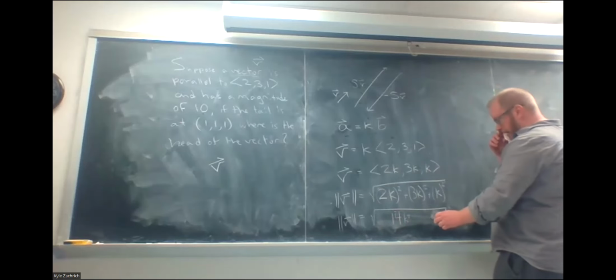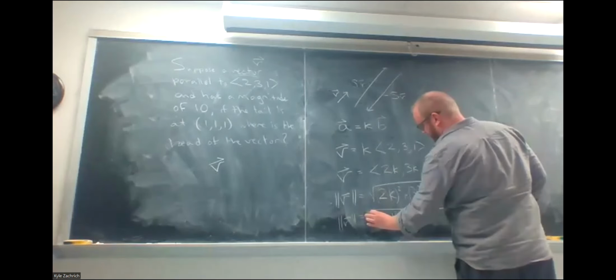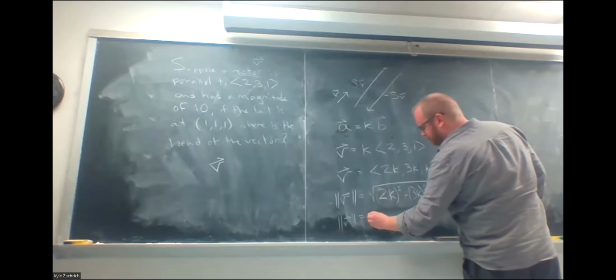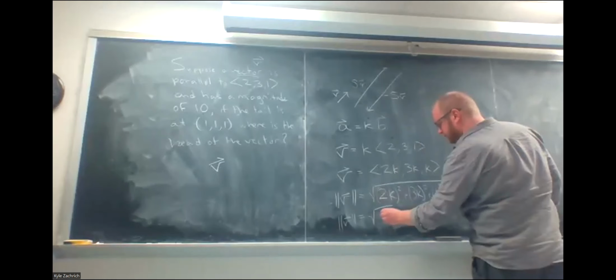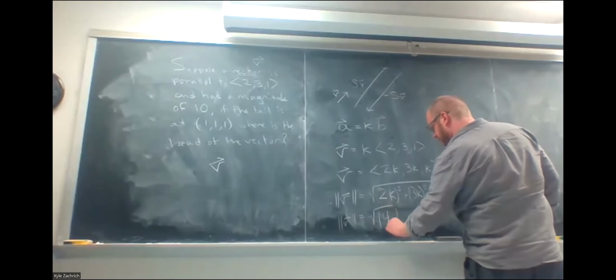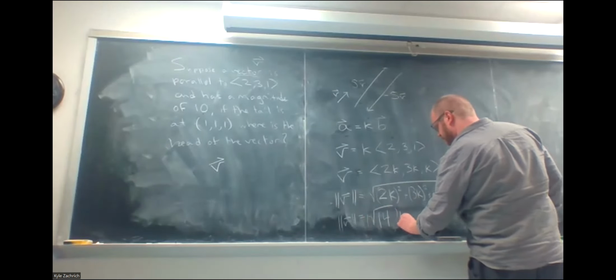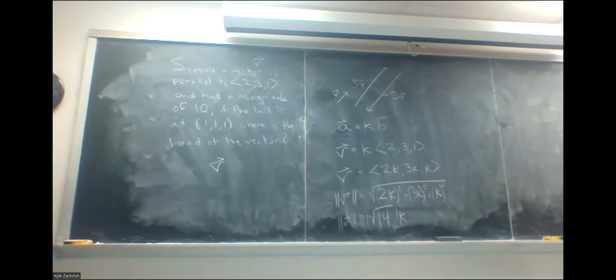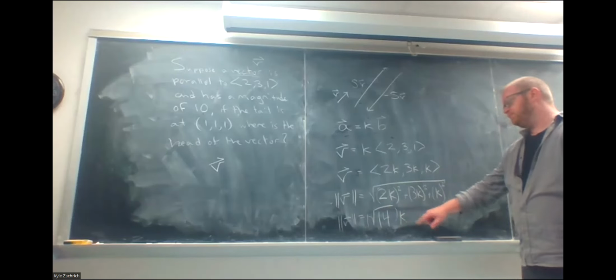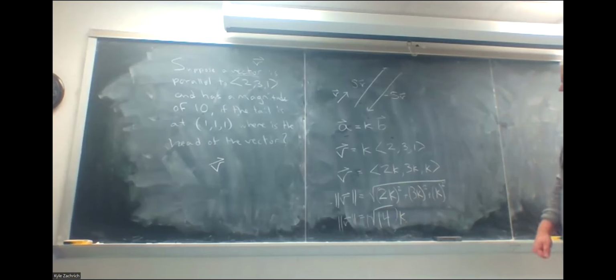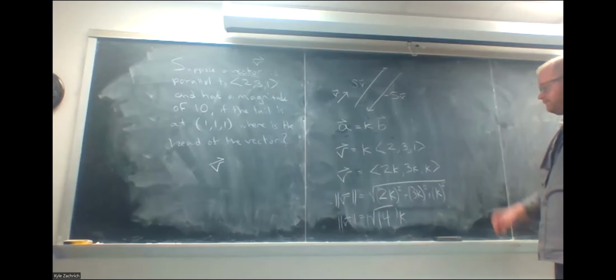Or put another way, square root of 14 times k. I just took the k squared out. Okay, so we have an equation for the magnitude of this thing.